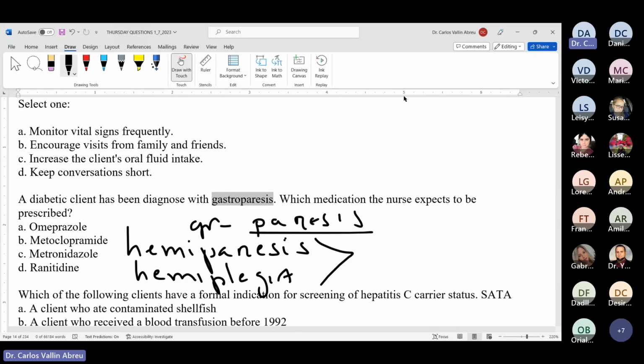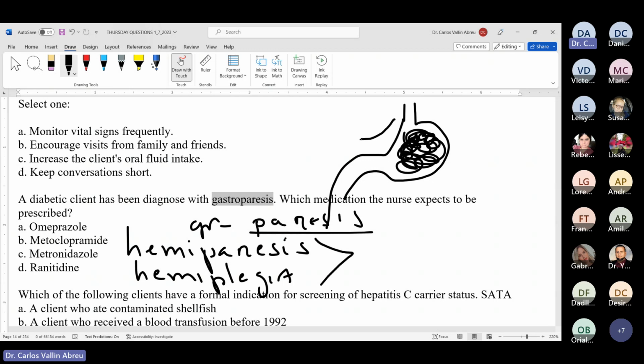What is the role of the stomach? The role of the stomach is to receive the food that you eat, keep the food for a while inside, churn the food with the juices that are produced in the stomach, but then the stomach should contract and empty the food into the intestine to be digested.